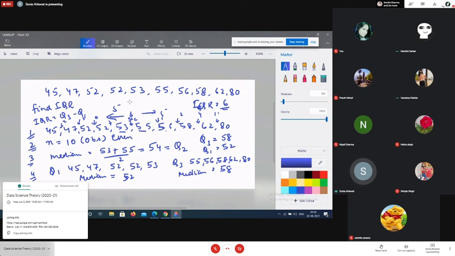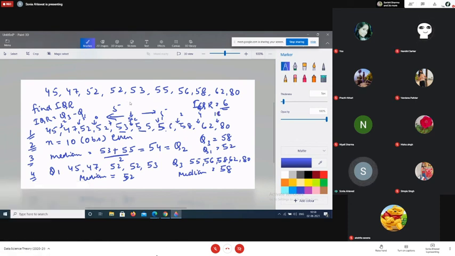It's 80 minus 62, it's 18. Fine. So this much is how sparse the data is. At maximum, if we look everywhere, the sparseness is small, so the maximum IQR is coming out to be 6. So this much amount of information we get to know through our statistical data. Is it okay, class?